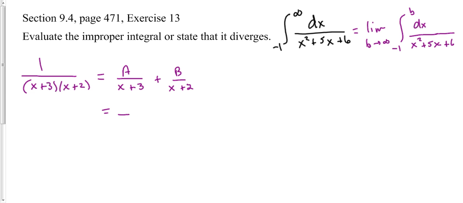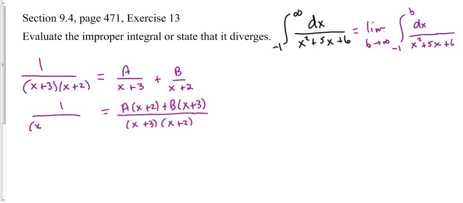And then I find a common denominator again of x plus 3 times x plus 2. So I'm going to have A times x plus 2 plus B times x plus 3, and this is going to be 1 over x plus 3 times x plus 2.